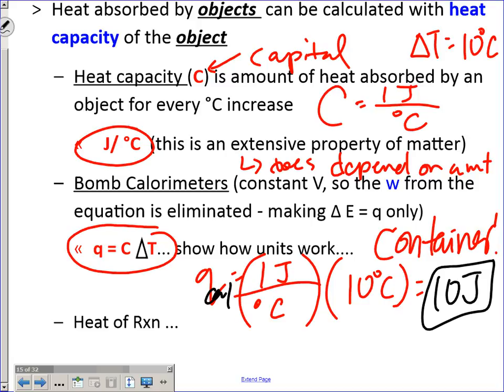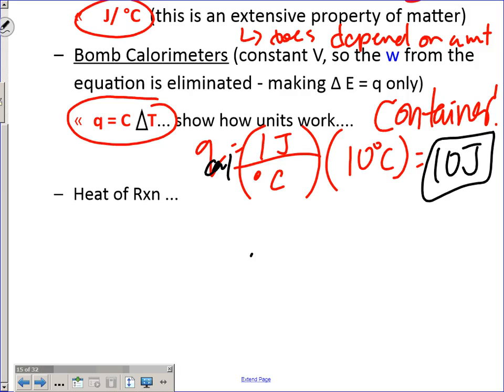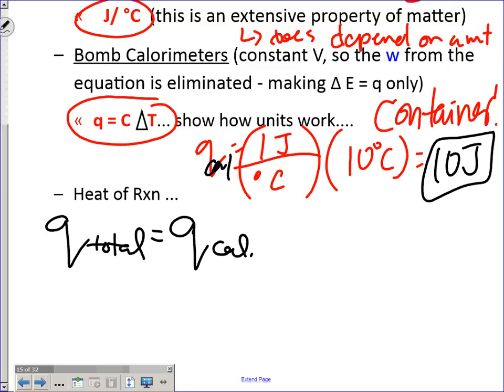Okay, big or small. So if I have a calculation that says what the heat capacity is, and you have information about the stuff happening inside of the container, like its mass and its temperature change, and it's water, so maybe you have your own specific heat capacity, your total Q will be Q of calorimeter, which you calculate by Q equals C delta T, plus your Q of system.